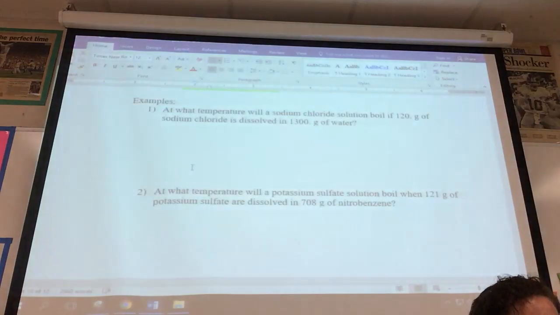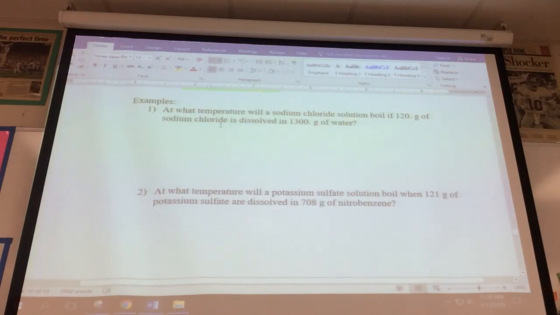It says, at what temperature will a solution of sodium chloride boil? So they're asking for the temperature at which the solution boils. So they're asking for the boiling point of the solution. We have 120 grams of sodium chloride, and it's dissolved in 1,300 grams of water.